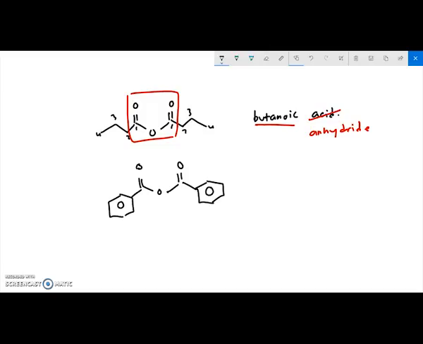In this case, it is symmetrical since it has the same number of carbon and also the structure is the same. Instead of the benzoic acid, we're going to replace the acid with an anhydride.